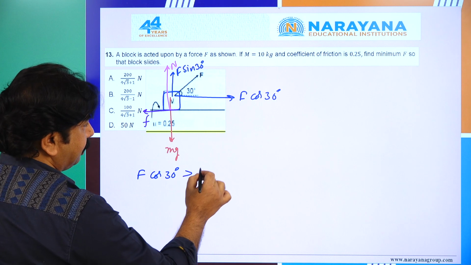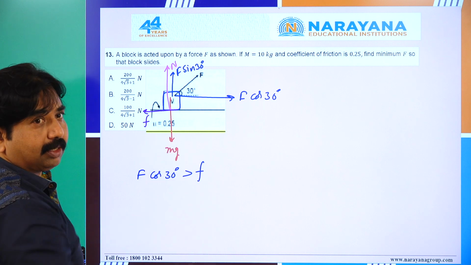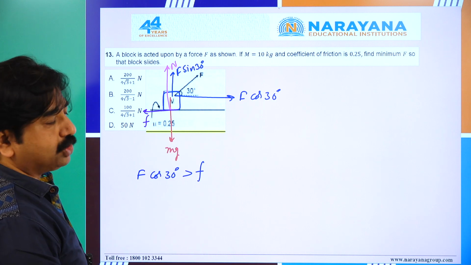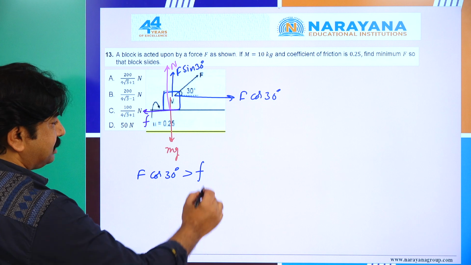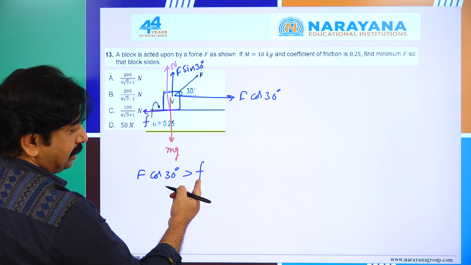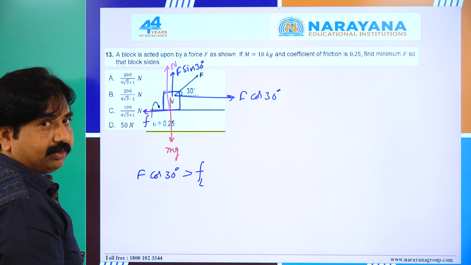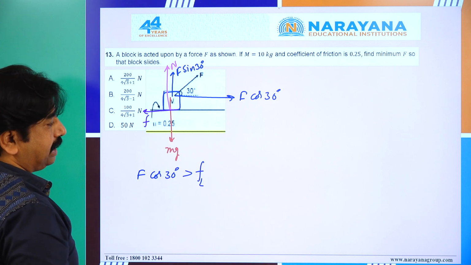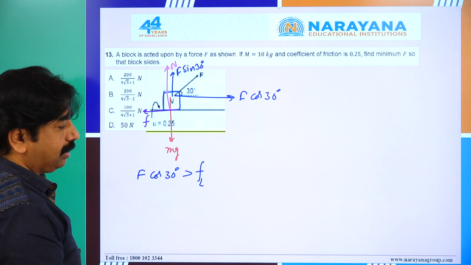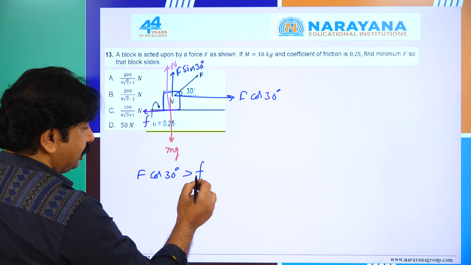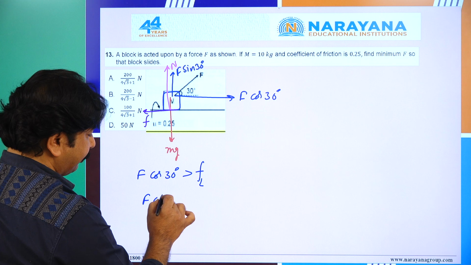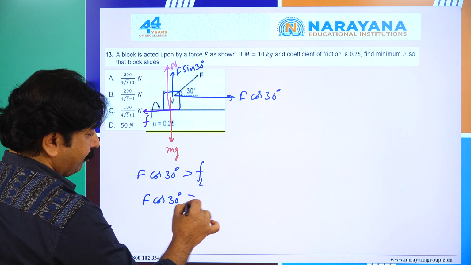If it is greater than friction, then only the block goes into motion. So what is the F value? That means greater than the limiting friction. Actually here this is the static friction, so this should be greater than the limiting friction.